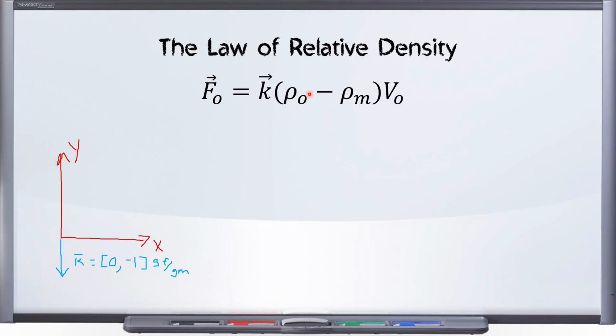Well, if the density of the object is greater than the density of the medium, this will be a positive number after we do the subtraction, and that will result in a positive number multiplied times K, which will give us a force pointing in the same direction as K, which is what we want. We want a rock in water to give us a downward force, and we'll get down out of this equation by putting K into there.